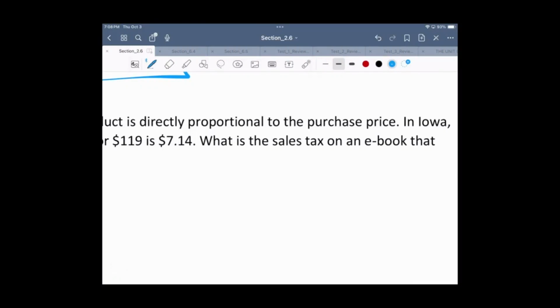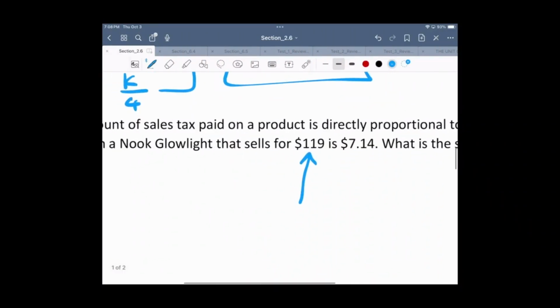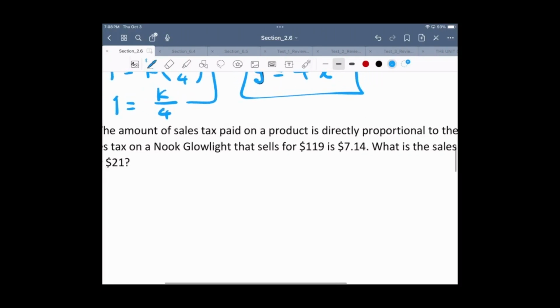Okay, so the first thing we need to do is looking at how much the product, the glow light, cost, and how much the customer paid for as sales tax. We need to find out what is the sales tax on products sold like this in the state of Iowa. Okay, so let's do that. As you know, with all word problems, we have to introduce our own variables, right?